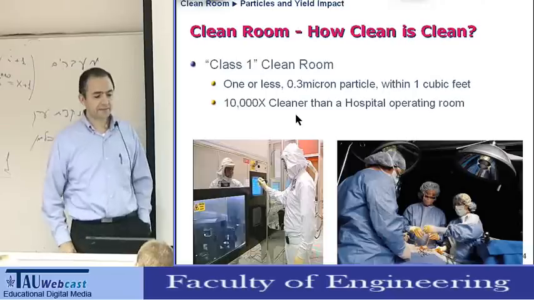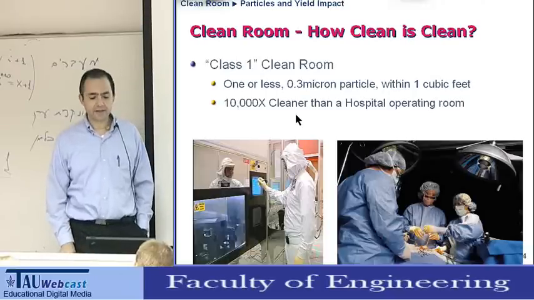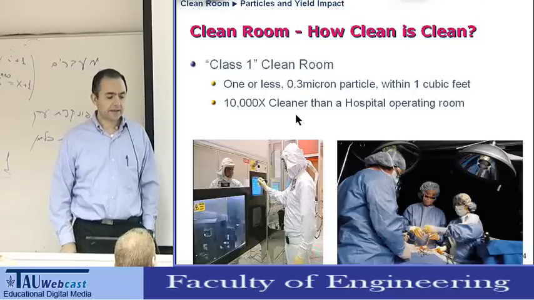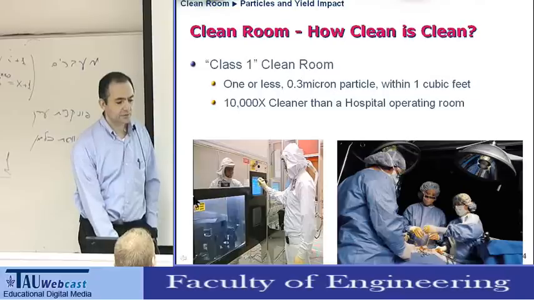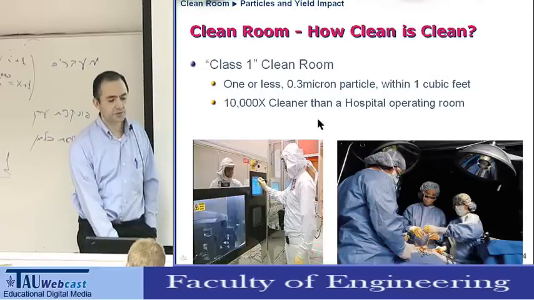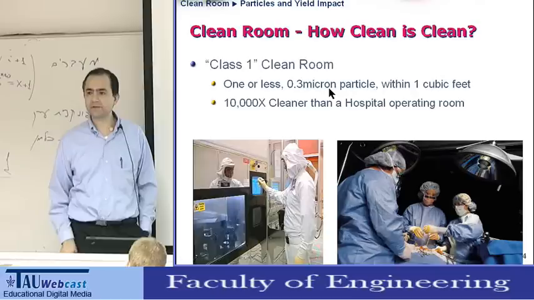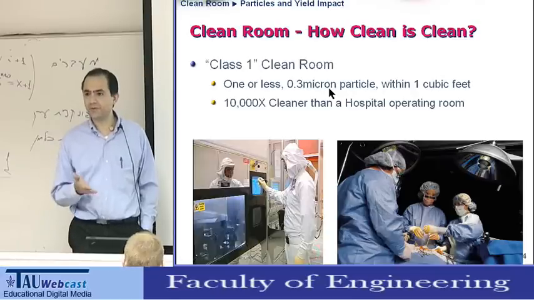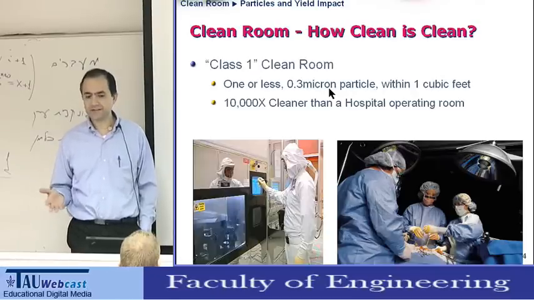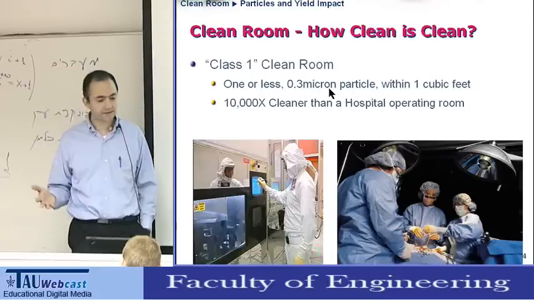So as we said, the clean room is measured by classes. The clean room is a class 1 area, which means one or less particles, size 0.3 microns. Now, you already heard that 0.3 is not good enough, that even smaller particles are killers.